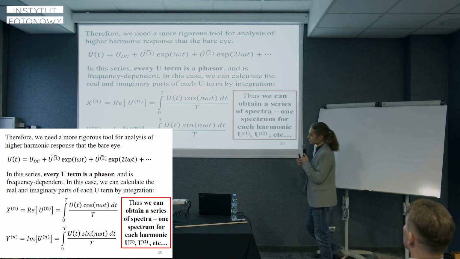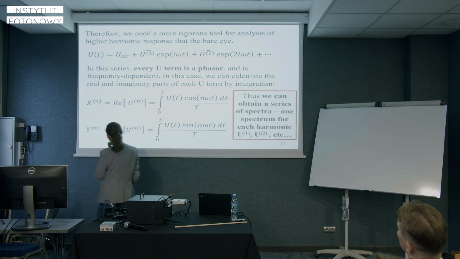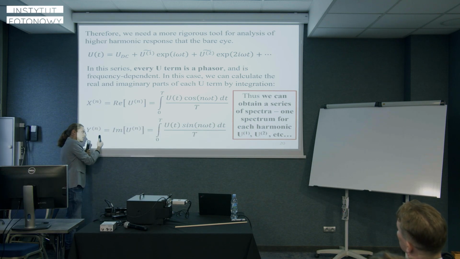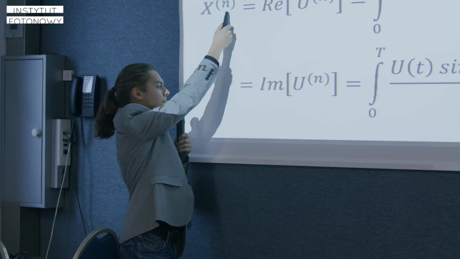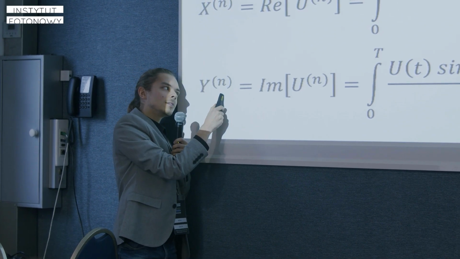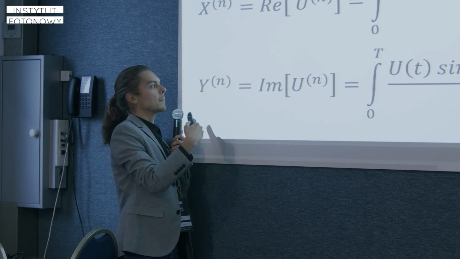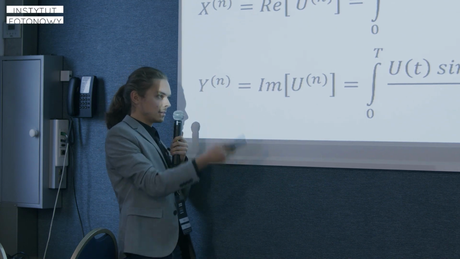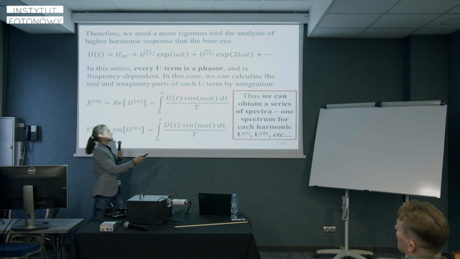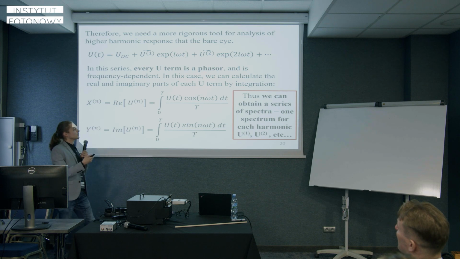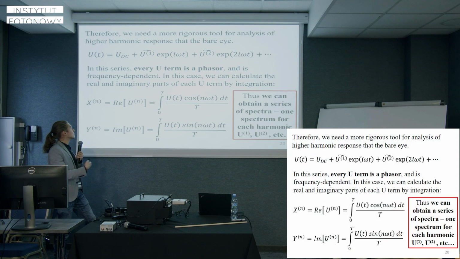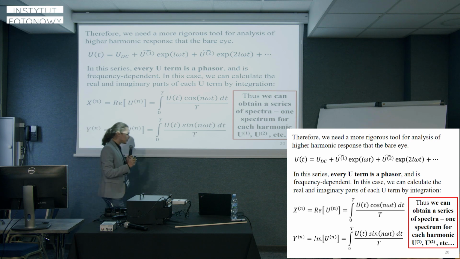So you can go ahead and by analogy calculate the real and imaginary parts of these integrals, the in-phase component and the quadrature component, and do this not only for the first harmonic, but for the nth. So this is n equals 1, and n equals 2 is sine of 2 omega t, cosine 2 omega t, and so on. And therefore you obtain real and imaginary parts of the first, second, third, and all the other harmonics. So this is very complex but manageable.